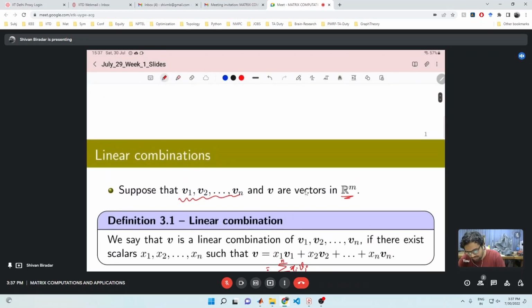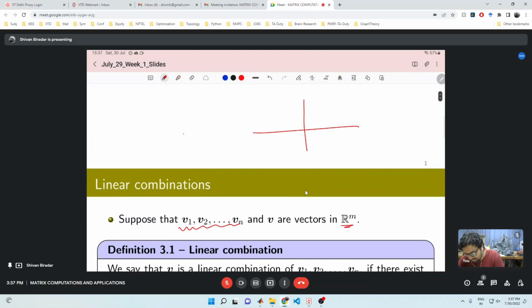Basically, let us say that we have a space R^2. This is my space R^2, and we have two vectors. Let us say this vector is (1, 0) and this vector is (0, 1).